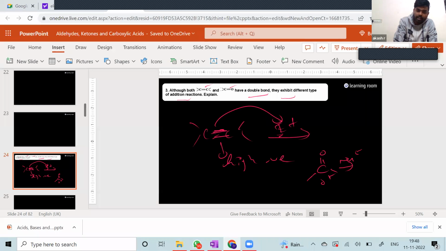Because of that, only the nucleophile can attack. You have to say that in C double bond C, the pi electron cloud has a very high electron density, and that is why electrophilic addition happens. Whereas in carbonyl compound C double bond O, the carbon has a partial positive charge, and that's the reason why it undergoes nucleophilic addition. Very simple, right?